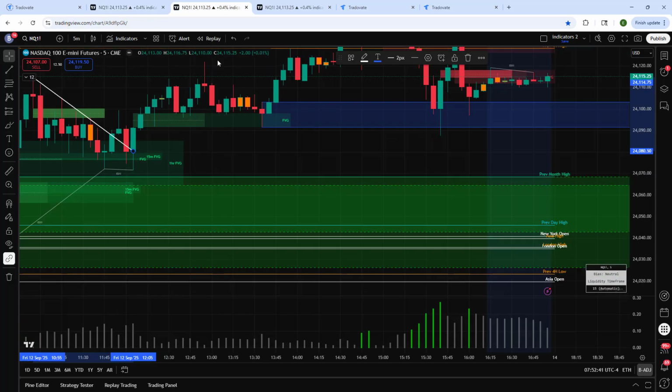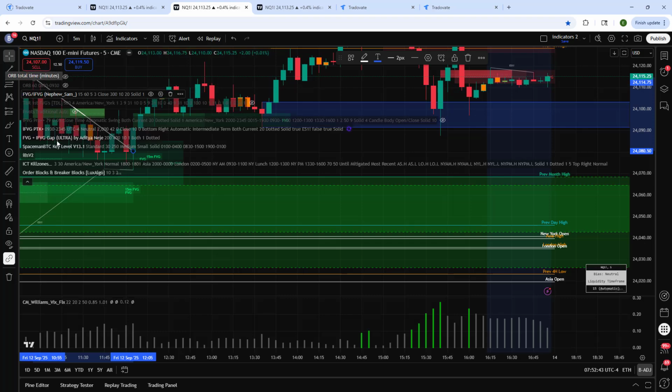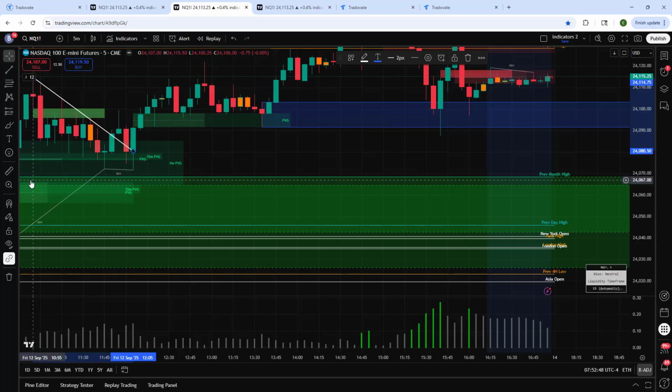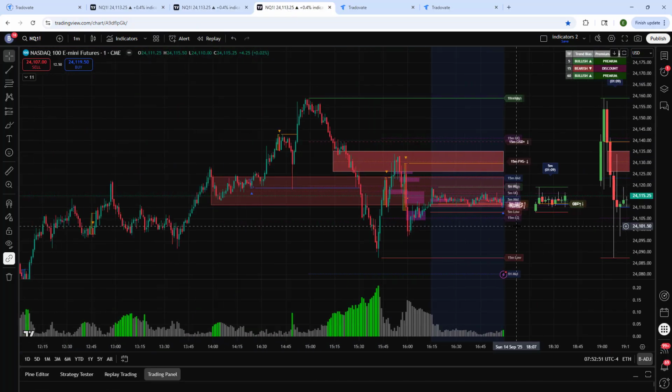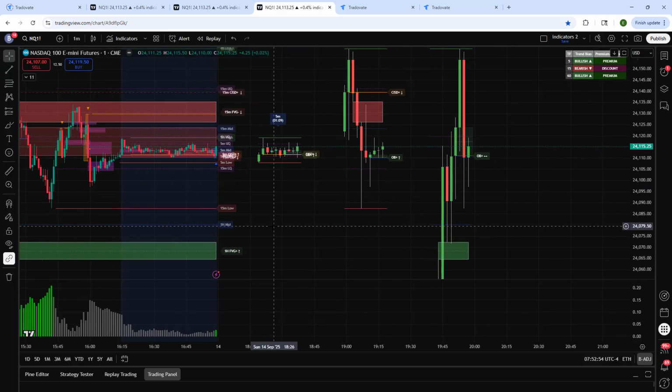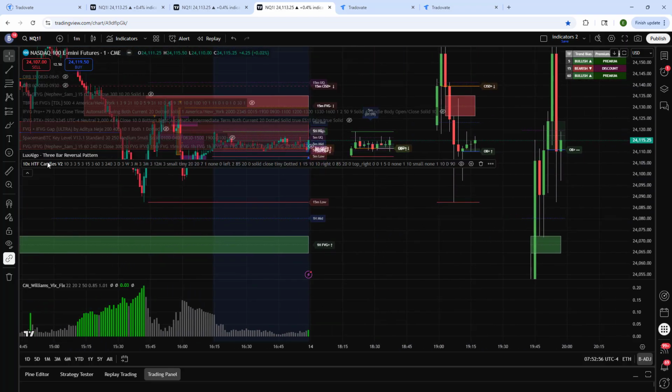And then I have other things that people like also. This one has the ICT kill zones, which doesn't really give you much information other than the one that I have. And then I have this one that everyone asks for. This is the one that has the 10x HTF candles.